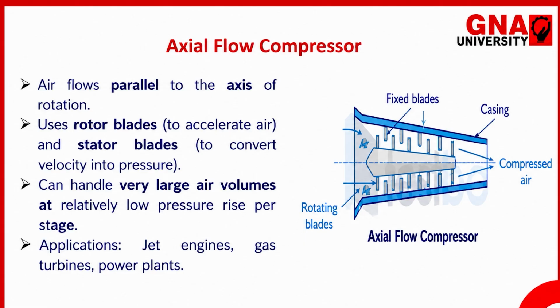The air from the inlet is trapped between the meshing screws and is compressed. So when the air comes from the inlet, it gets entrapped in the space between the two meshing screws. Okay, the contact between the two meshing surfaces is minimum, hence no cooling is required. And so this is the screw type of compressor.